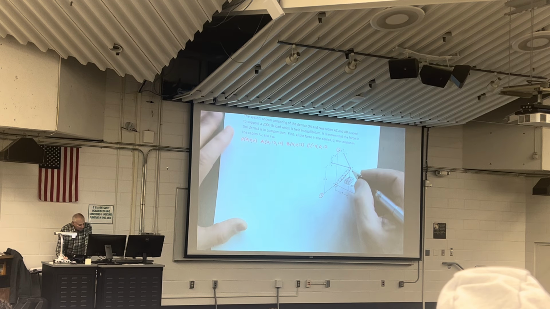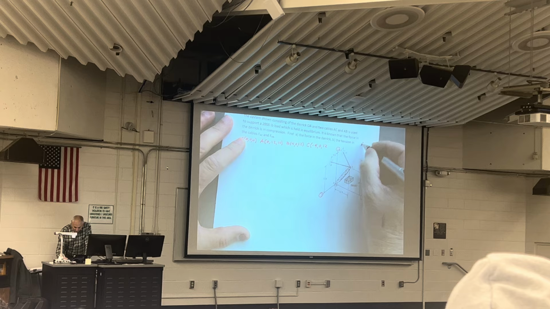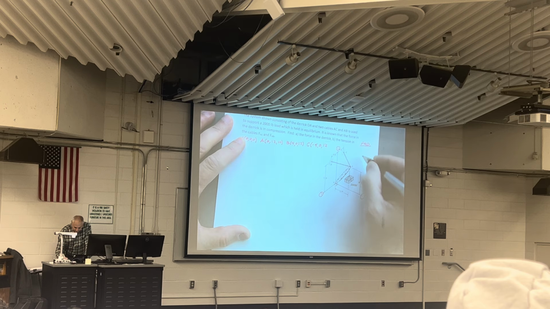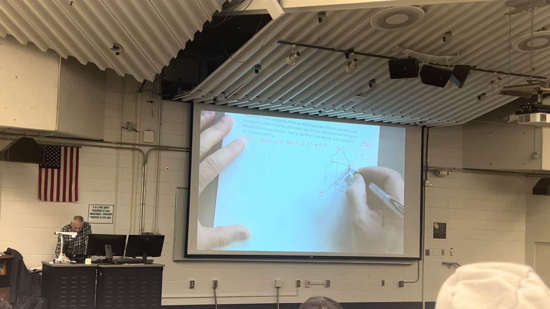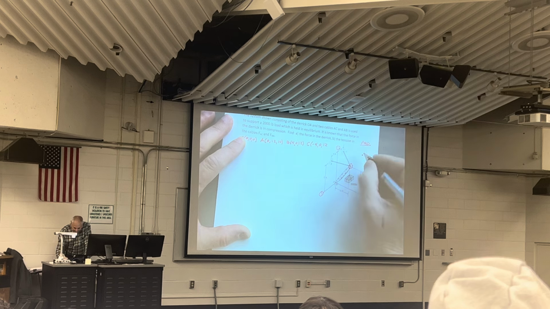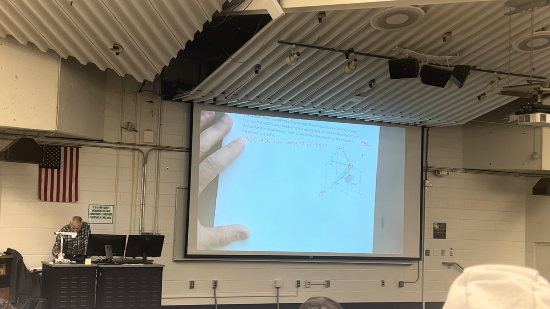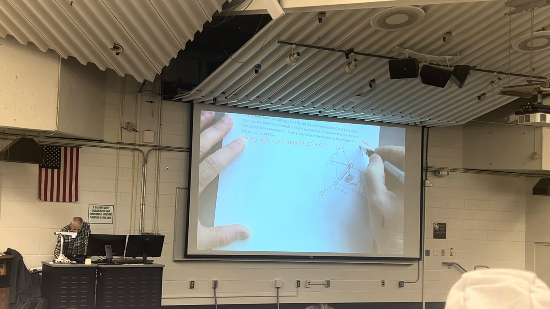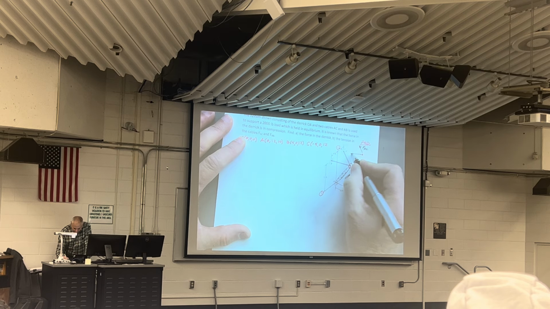What am I doing here? I'm doing a free body diagram that looks like this. Here's the point of concurrency, A. I'm going to show a force this way, FAC. I'm going to show a force that way, FAB.